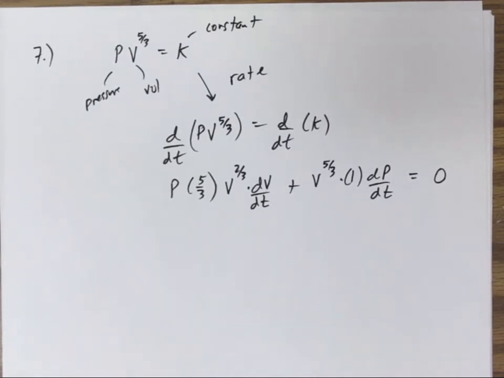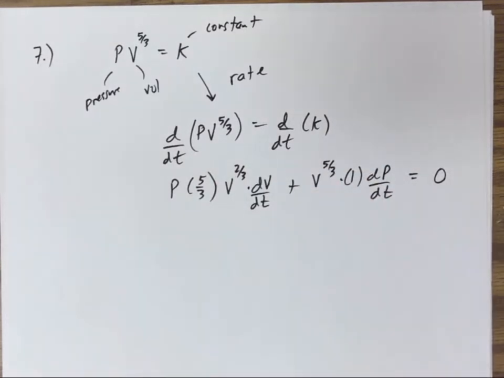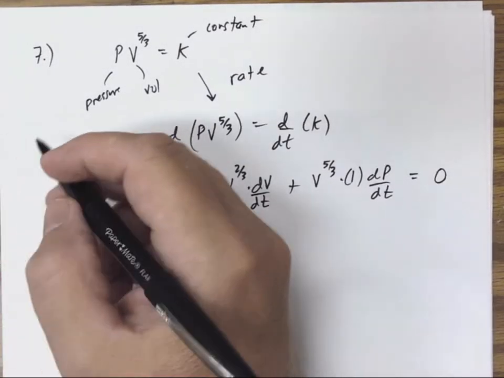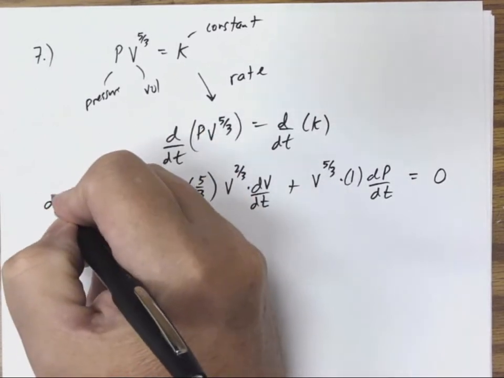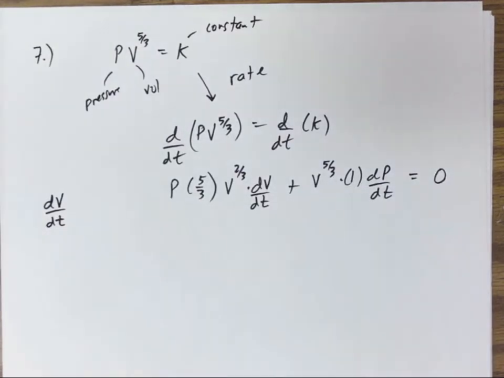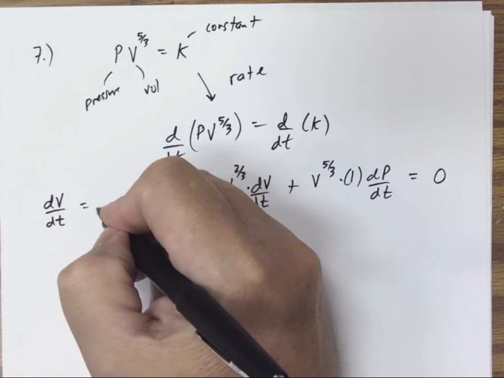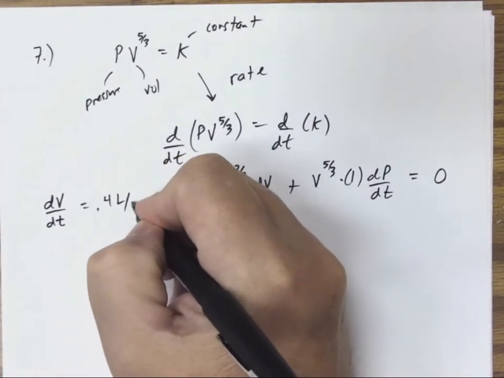Now let's figure out what information they've given us and what we're trying to solve for, and then we can determine how we want to rearrange this equation. So they say, suppose the volume of the sample is increasing at a rate of 0.4 liters per second. The volume increasing, that means dV dt.